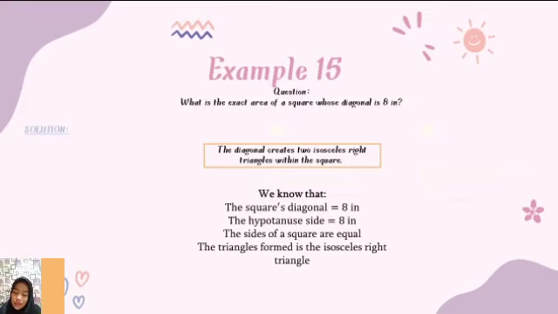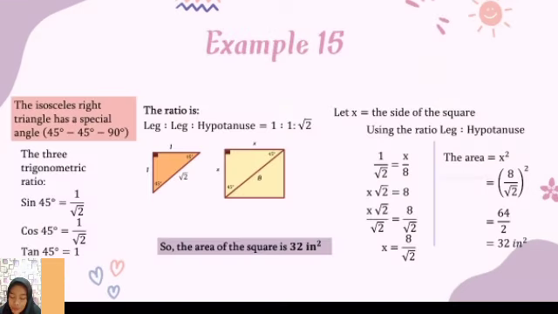We know that the square's diagonal equals 8 inches, which is the hypotenuse, and the sides of a square are equal. The triangle formed is an isosceles right triangle.